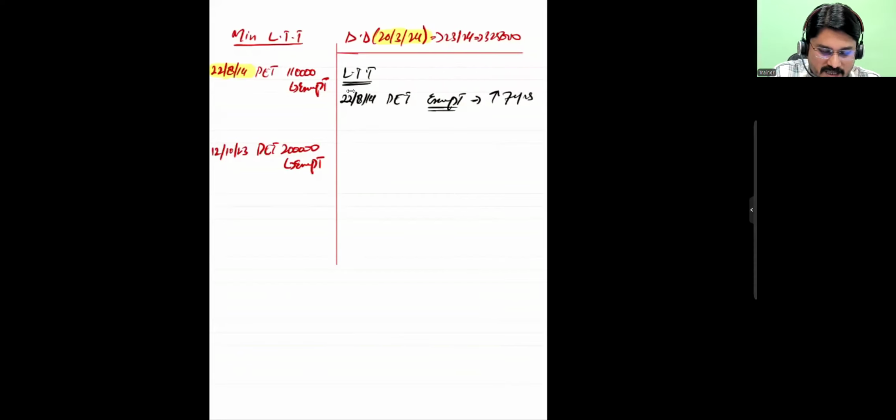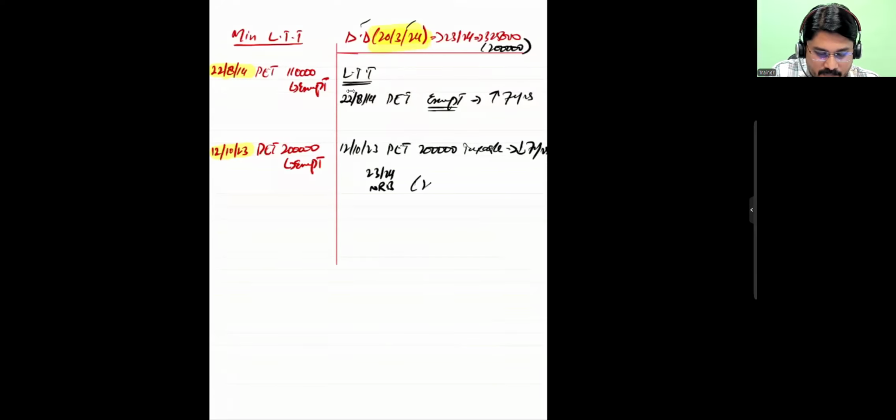But the second lifetime transfer, transferred on 12th October 23, this PET of 200,000 will become taxable, because the time between the transfer and the death is less than 7 years. So this asset becomes taxable at time of death. That year's nil rate band of 325,000 will cover this taxable asset.